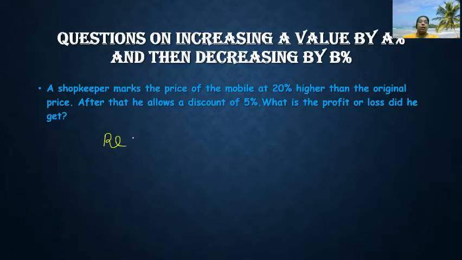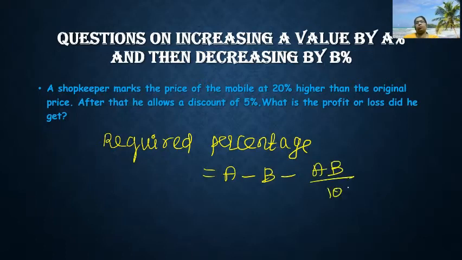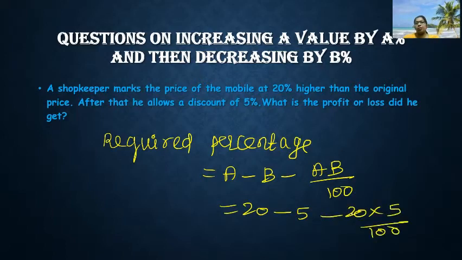So here also, using the same formula, A minus B minus AB over 100. 20 minus 5 minus 20 times 5 by 100. 20 times 5 is 100, the zeros get cancelled. 20 minus 5 is 15, 15 minus 1 is 14%. That's the solution we have to get.